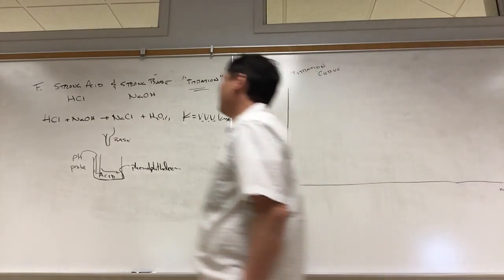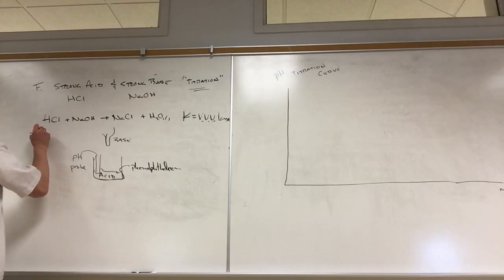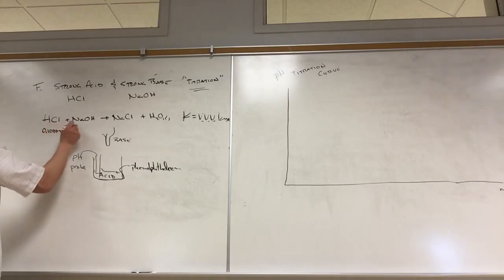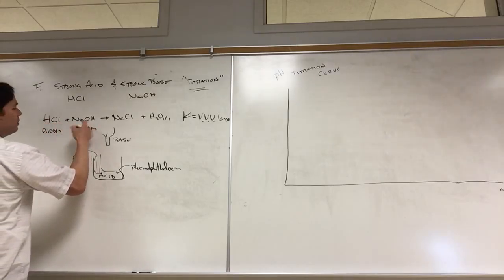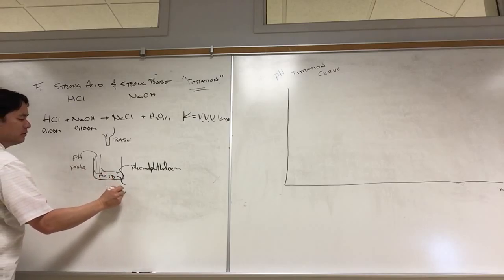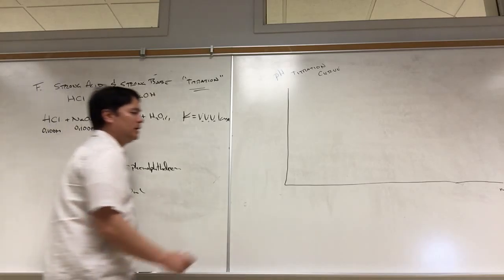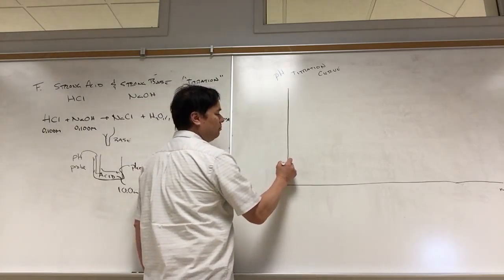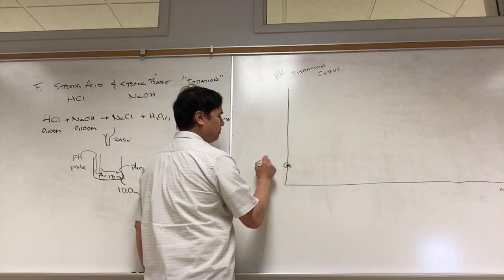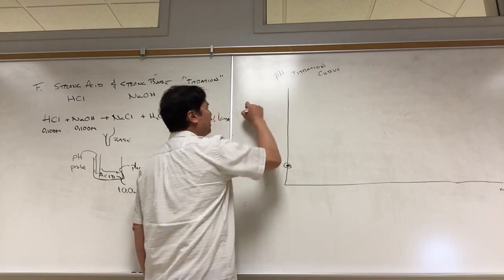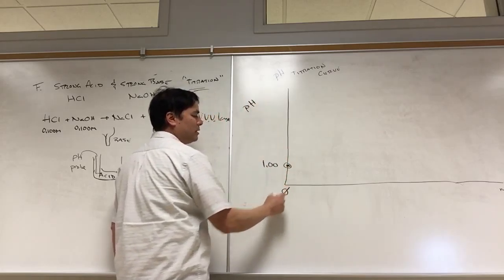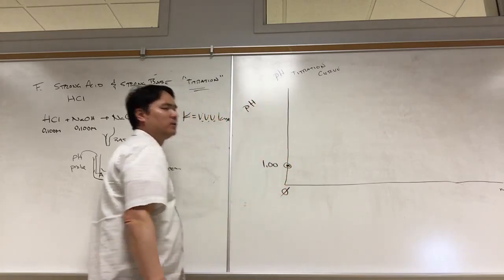Slowly do this. And so let's take a look at 0.100 molar HCl being titrated with 0.100 molar sodium hydroxide. We'll start off with 10.0 milliliters of acid here. If I stick the pH probe in 0.100 molar HCl, then it's 10 to the minus 1 molar, so the pH is 1.00. And that's at 0 milliliters of sodium hydroxide. It's just the acid.